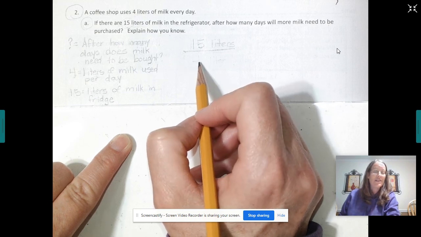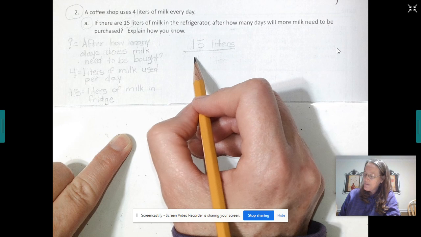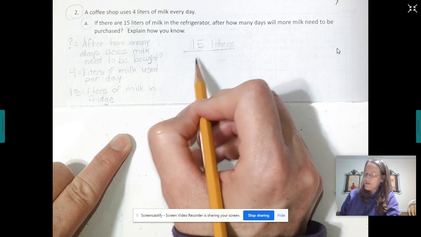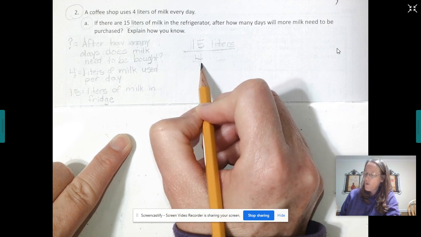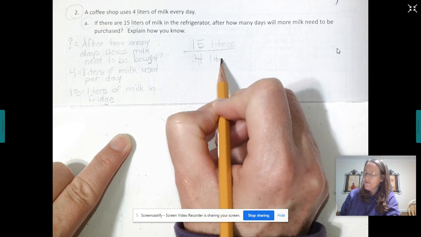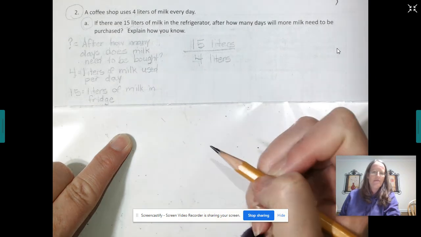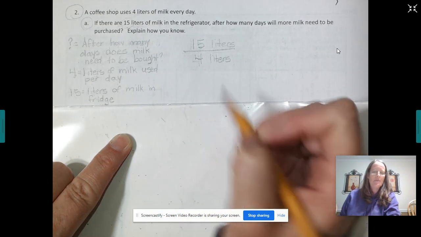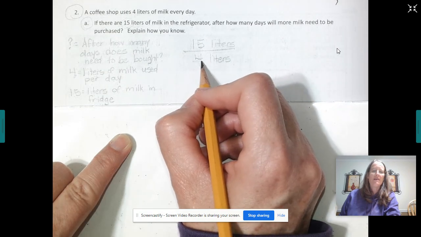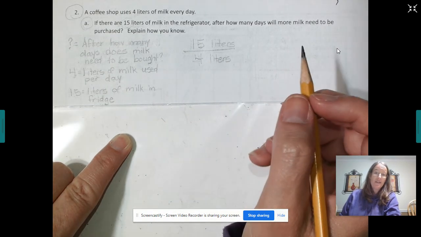My divisor is my denominator. So I am splitting those 15 liters. I'm using 4 liters. I'm putting them in groups of 4 every day. Okay, I'm using 4 liters of that every day. So it's kind of repeated subtraction.